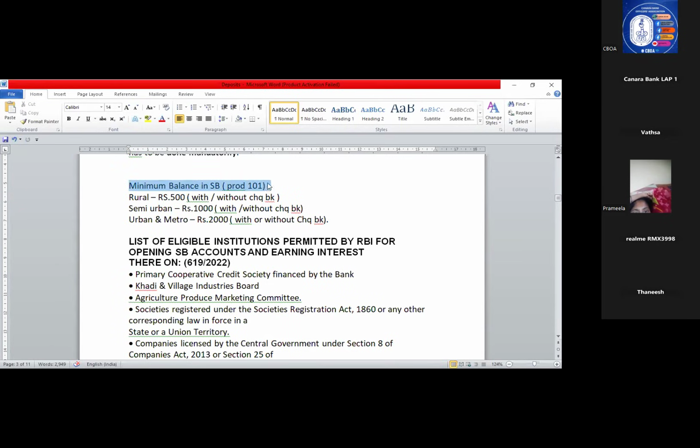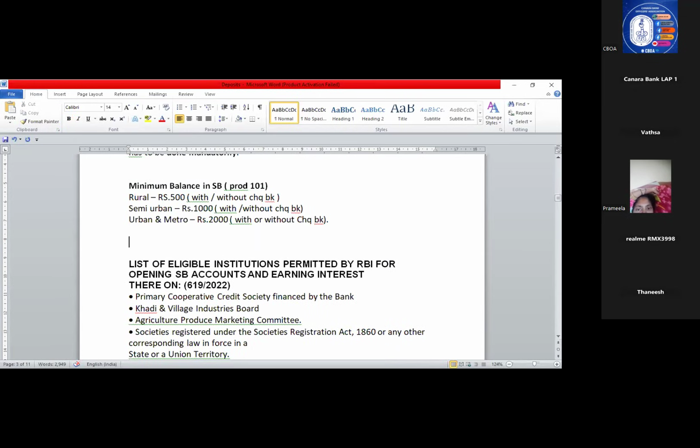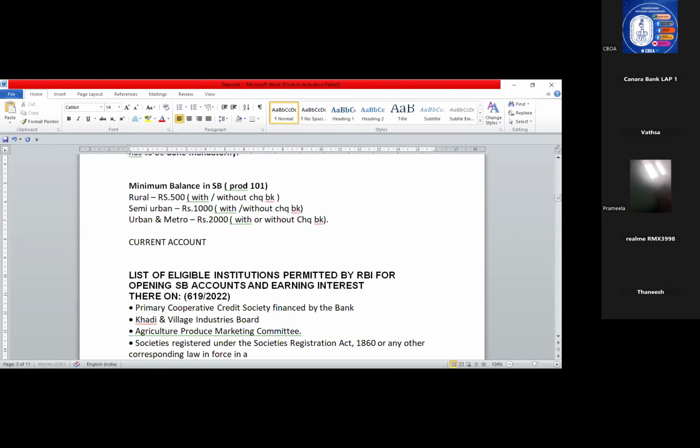Okay, then minimum balance in SB. This is the minimum balance as per the categorization of the branches. Rural, semi-urban, urban, and metro. What about the current account? Current account also I'll write here. You can note down. For current account, rural, it is rupees 1,000.